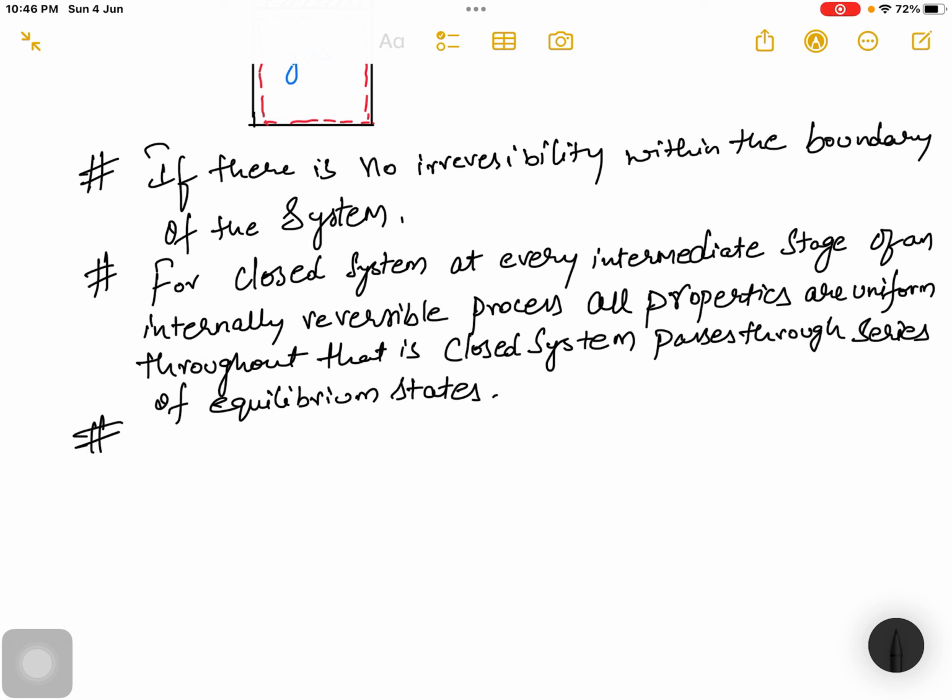And I told you that there will be no viscous losses. The viscous losses are zero.